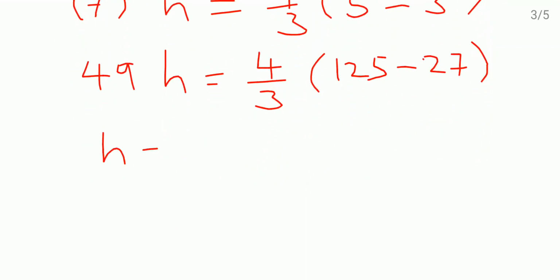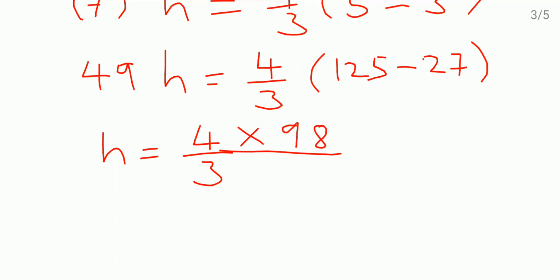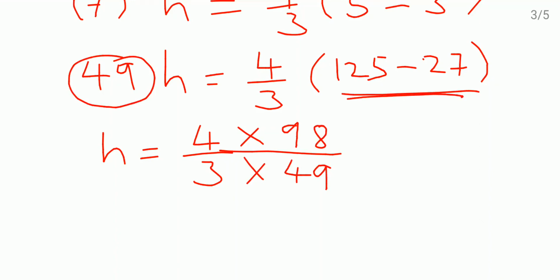So h as it is, 4 by 3 into the subtraction of 125 and 27, which comes as 98, divided by 49, because this 49 which is multiplying here will come to the other side to divide. 49 ones are 49, 49 twos are 98.